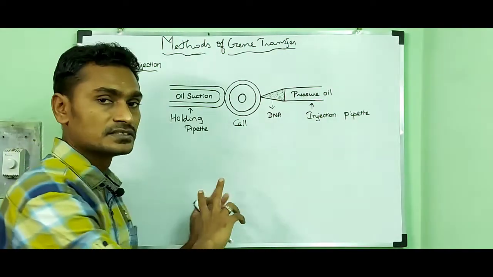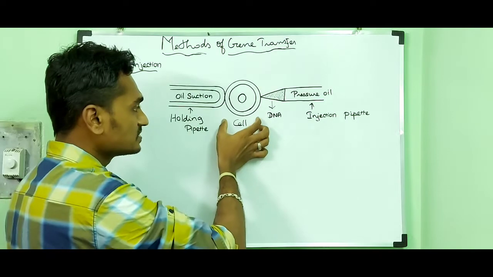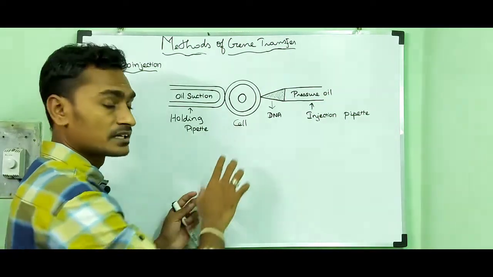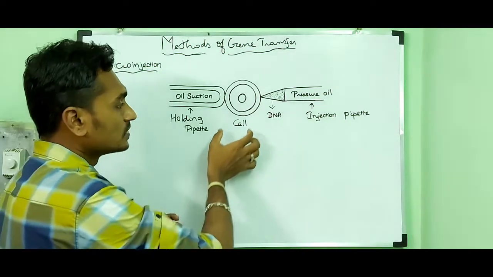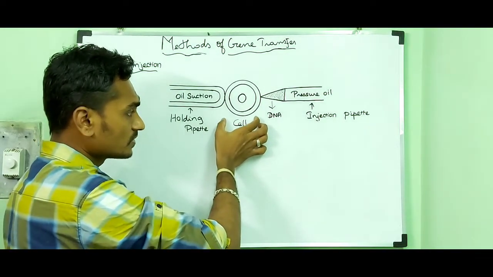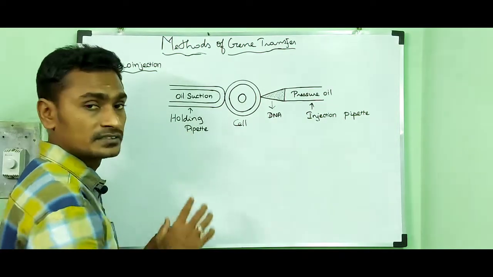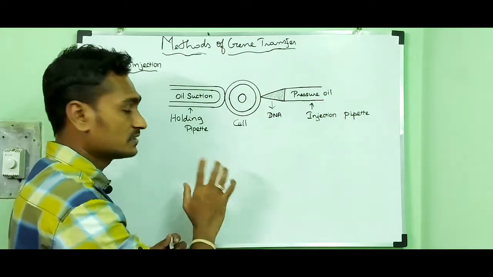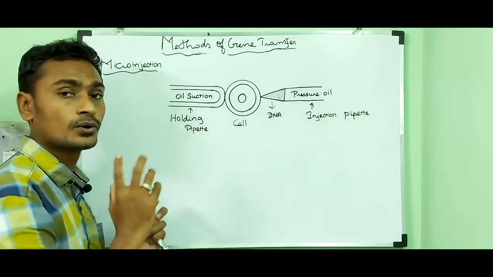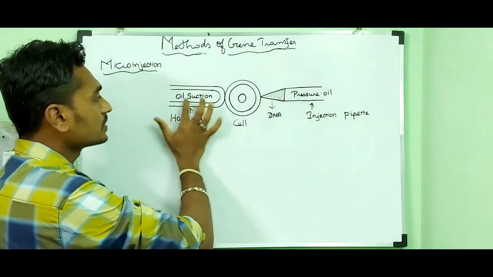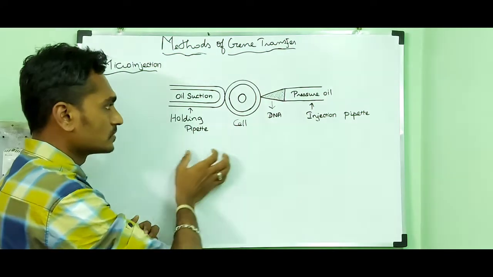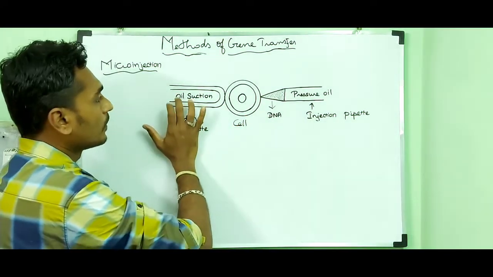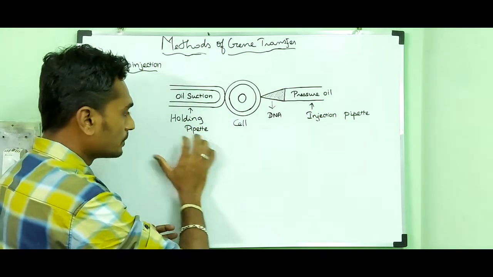During the transfer of the gene, the recipient cells are kept immobilized. They have to be embedded in an agarose gel, and they are held by a pipette called the oil suction holding pipette.